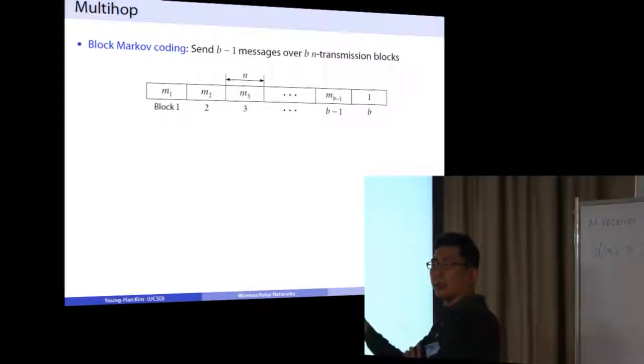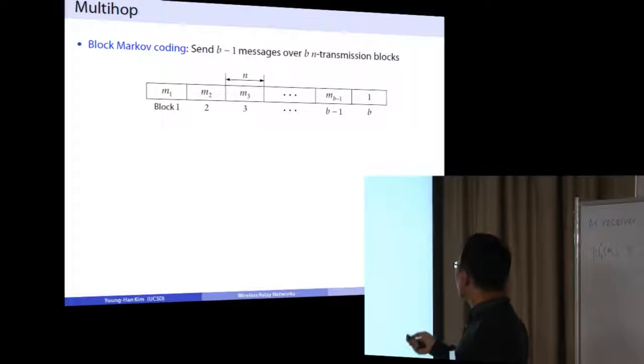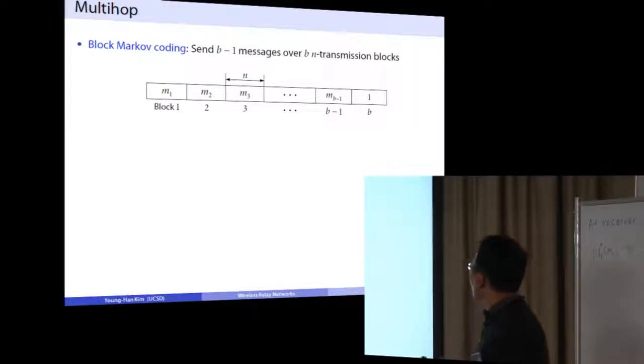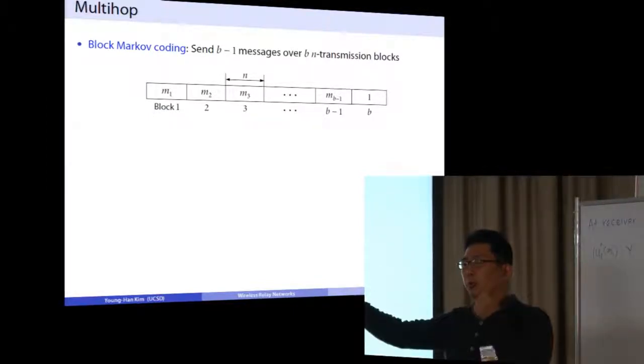The other extreme is not using the direct link, but simply using the relay. So every communication is done through the relay in a multi-hop manner. Here, the basic idea is the following. We are going to think of communication as being over B blocks. So there are B blocks total.